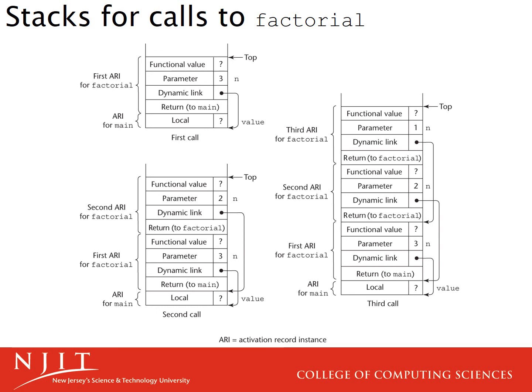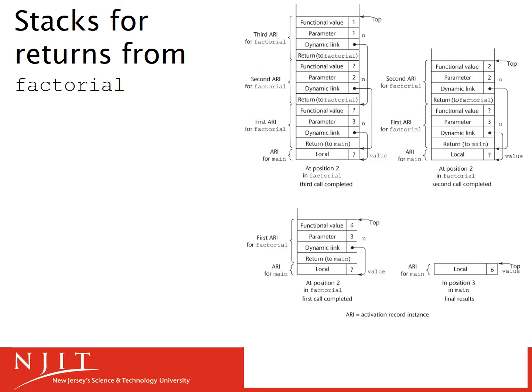Now it's time to return. Okay, so here on the upper left-hand side, you can see that the value of n factorial is 1. When I return, that value is returned by the function, so that functional value 1 is copied out.